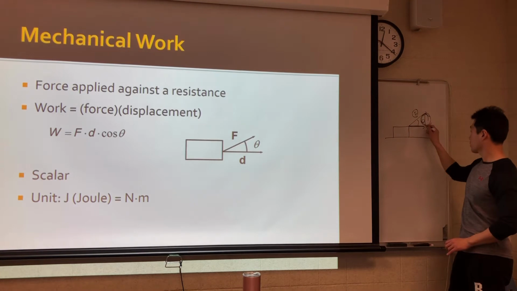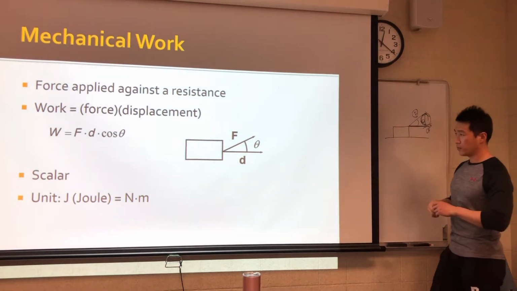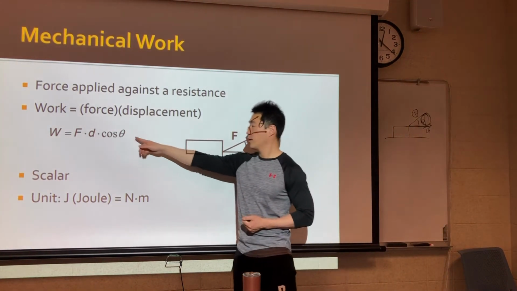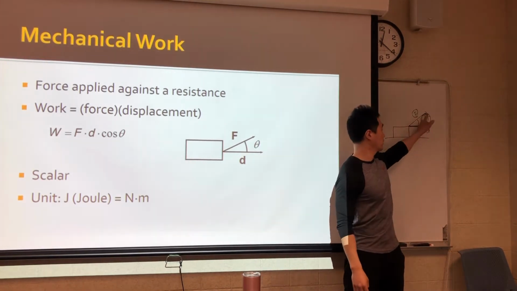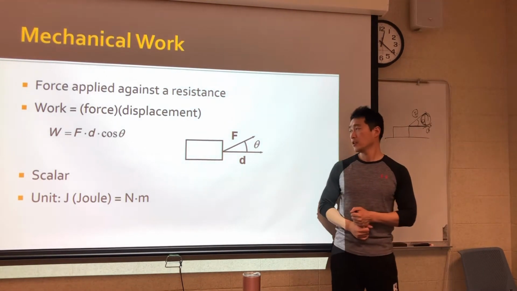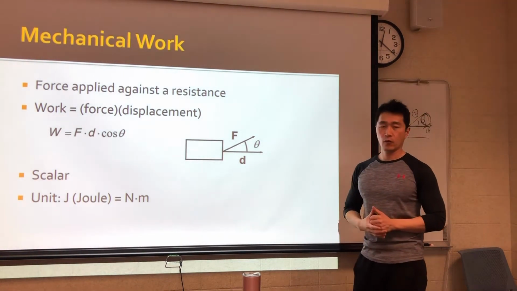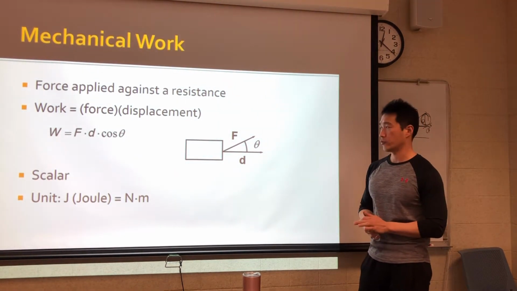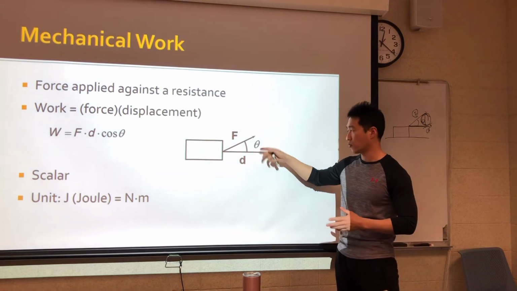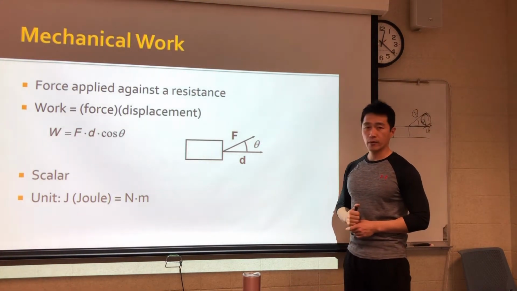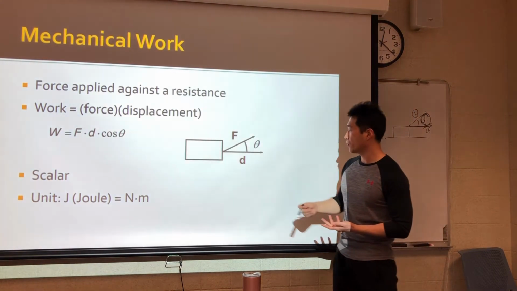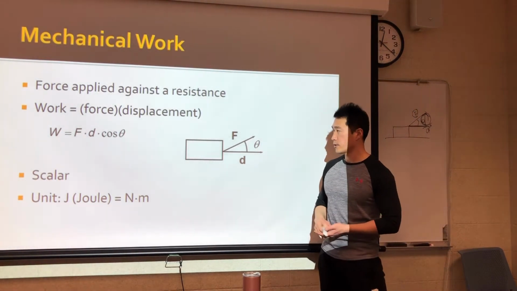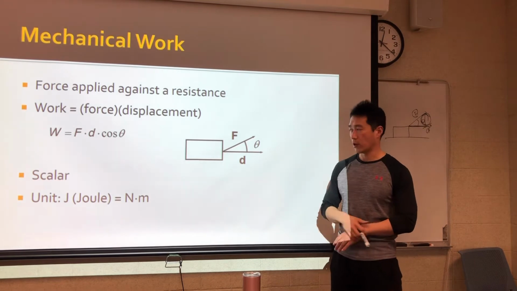The horizontal component. So by multiplying by cosine theta, we delete unnecessary information which is not needed for this work calculation. We'll go over this more soon. Bottom line is we need to apply the angle between force and displacement to calculate the work.